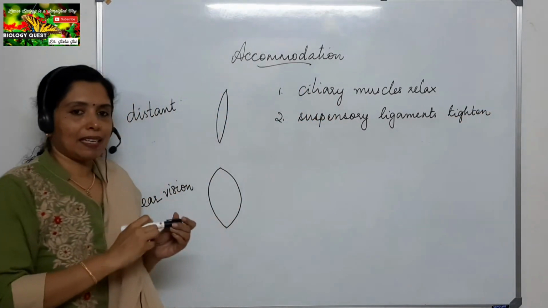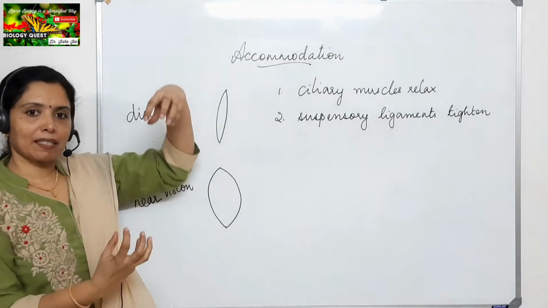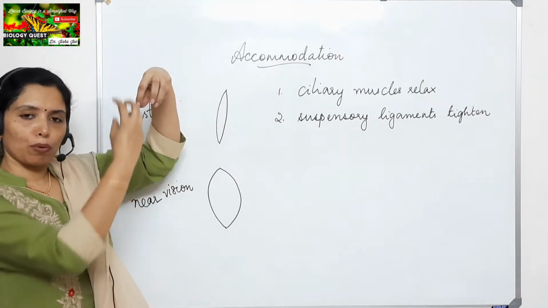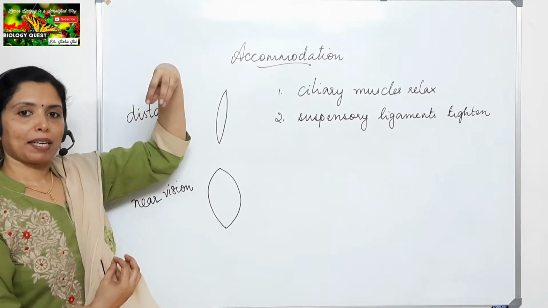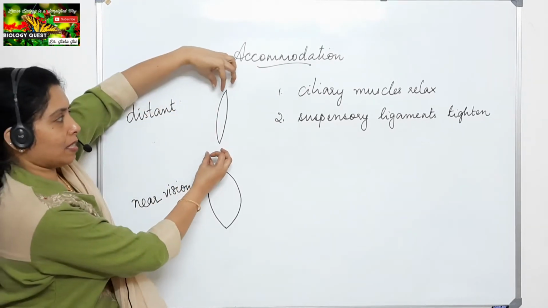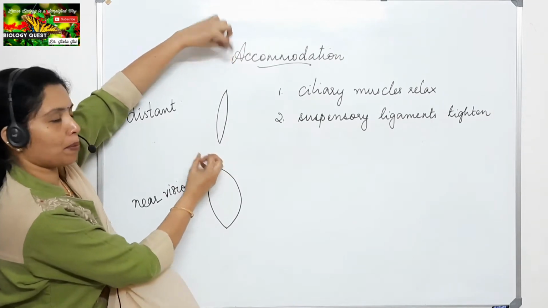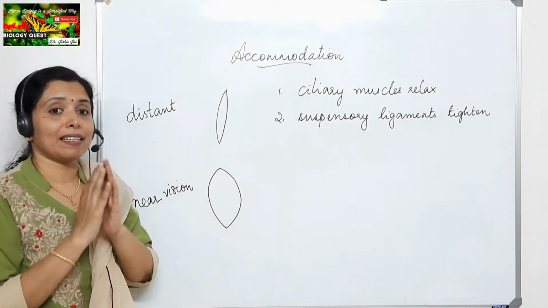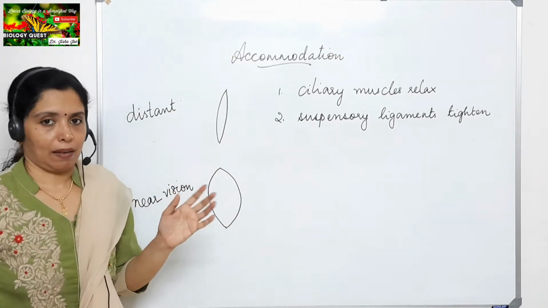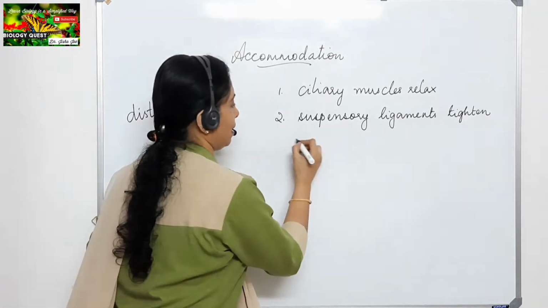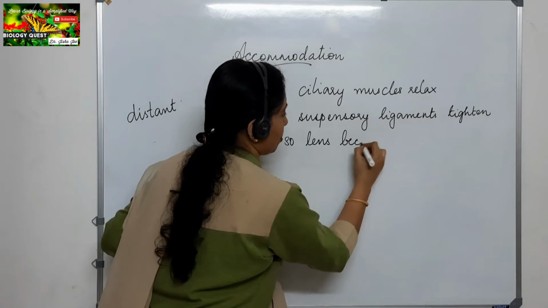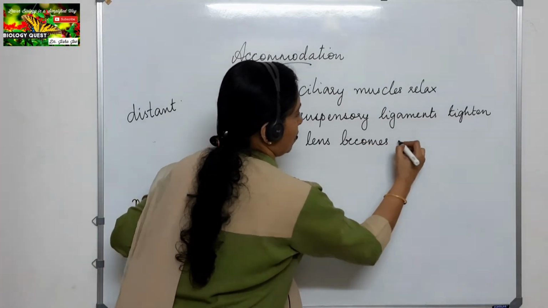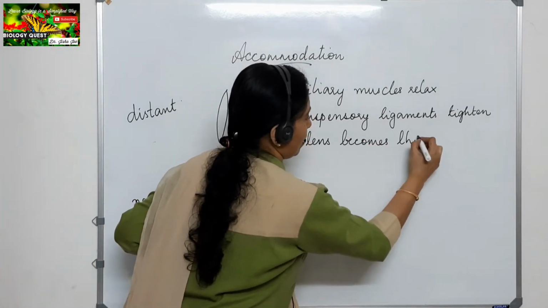So when the ciliary muscles relax, the suspensory ligaments that are present on both the upper and lower side of the lens, they tighten up. So what happens? They pull the lens from the upper and lower part, and as a result the lens will become thin or less convex.